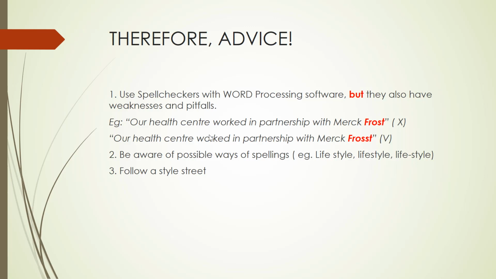Firstly, remember that Microsoft Office Word or other word processing software are very helpful with the spell checker function. However, you shouldn't trust it every time you check your documents, because it can have some weaknesses and pitfalls. Here are examples of its weaknesses.